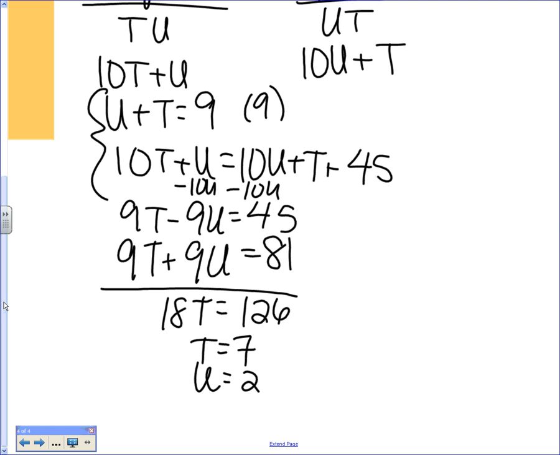Will you ever get fractions on these? Maybe. No. If I have a 2-digit number, what are your digits? You can't have a tenth place in a fraction. Does that work? Yes. Totally possible.